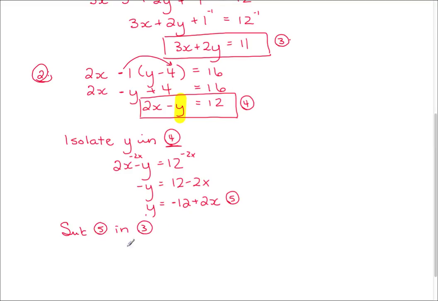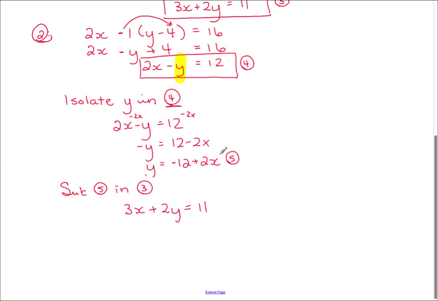Now, equation 3 said 3x plus 2y equals 11. And since I got y by itself in this equation, then I'm going to write down 3x plus 2. It's y that I have something new for, so I'm going to leave my brackets there, equals 11. And in those brackets, I'm going to get minus 12 plus 2x.